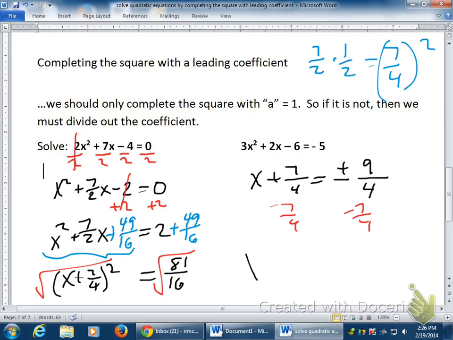And that gives you x equals, let's see, I've got negative 7/4 plus 9/4, and I've got it minus 9/4. So what does that give me? Say that again. 1/2. Alright. I see the 1/2.